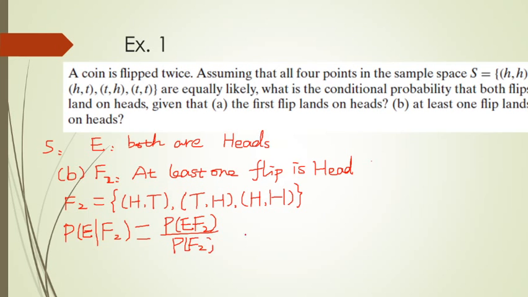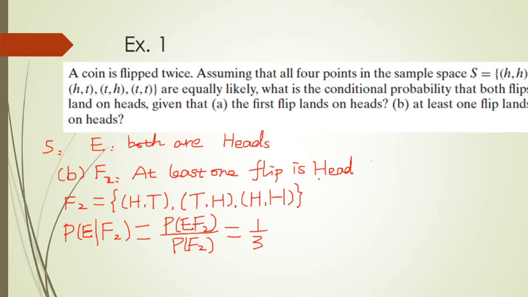Given that event F2 occurs, we have in total 3 outcomes. The answer is not 3 over 4, and not 4 over 3. The answer should be 1 over 3.